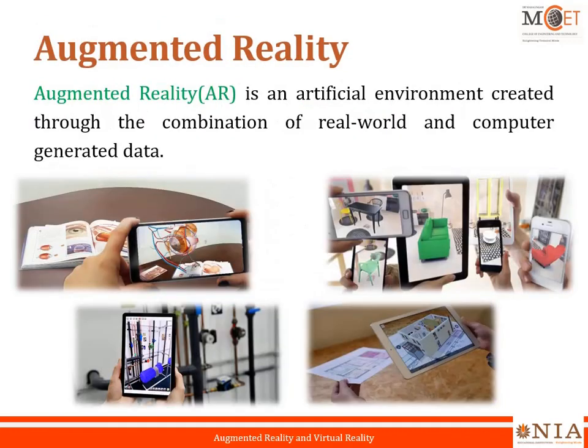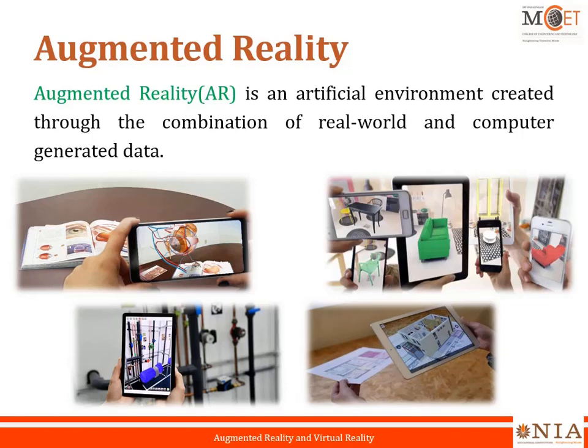Next one is augmented reality. Augmented reality is an artificial environment wherein the real world objects are in line with the computer generated objects. That is, you'll be using a smartphone, you'll be having a target image. When you place the smartphone on the target image, the computer generated data will be popped up.